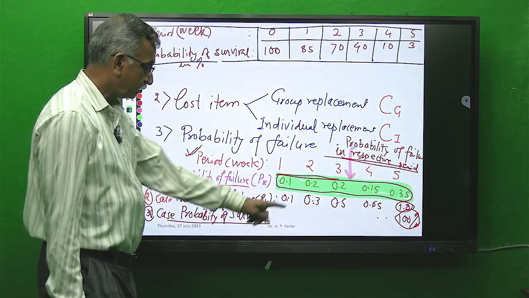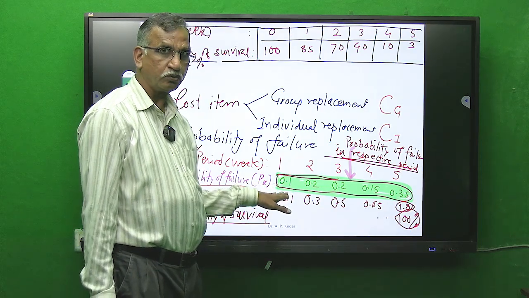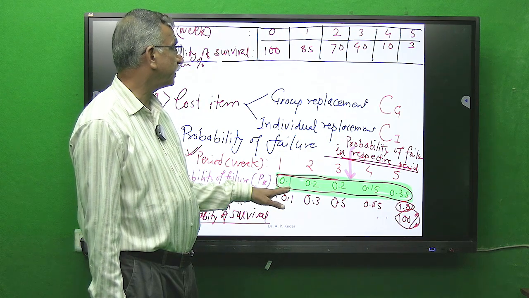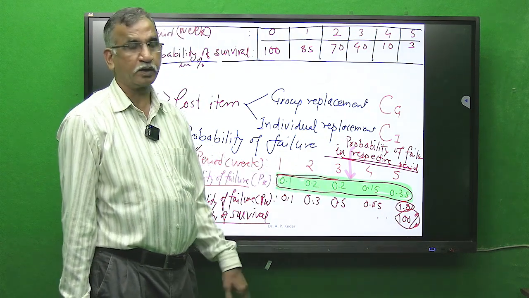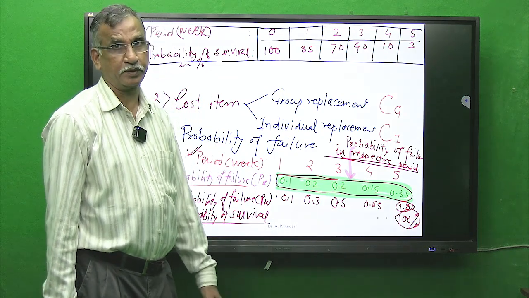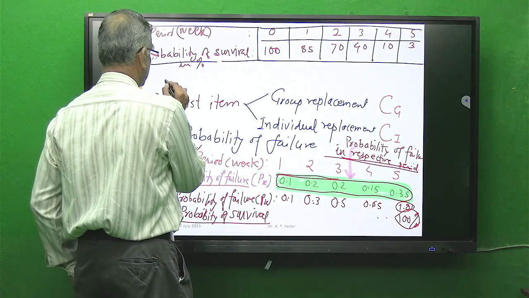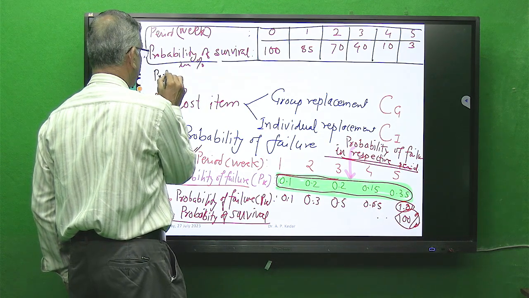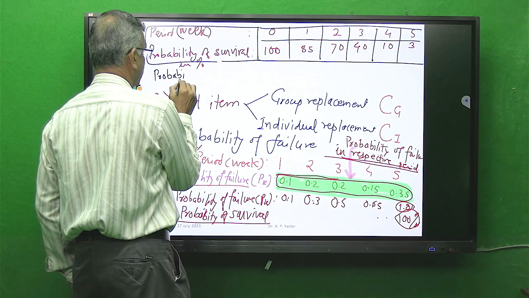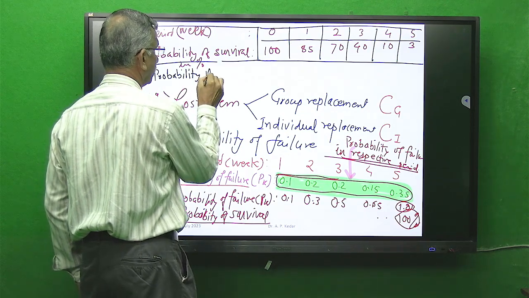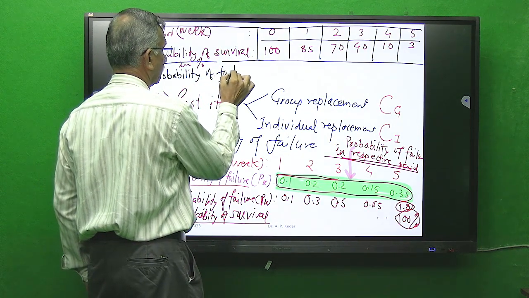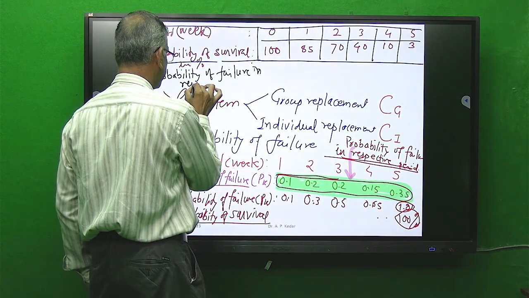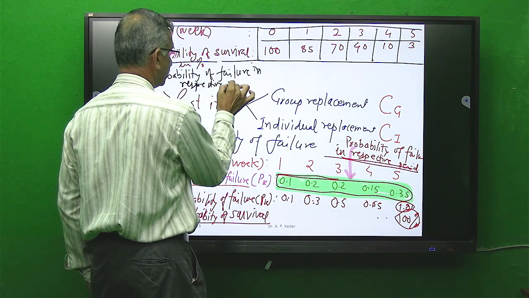What we need to do, what I have explained, is identify the cumulative probability of failure in that particular time period. So from this, what I will write is probability of failure in respective week.